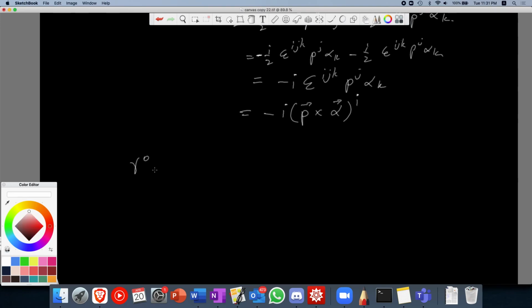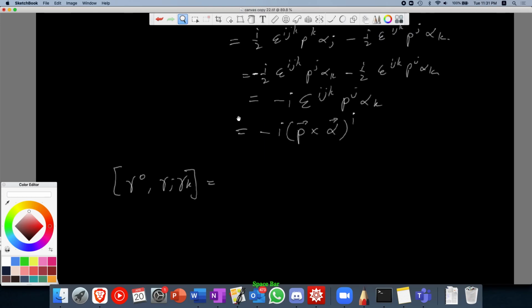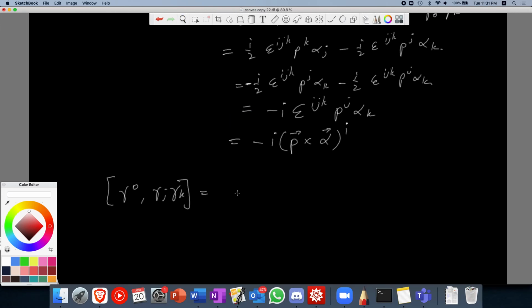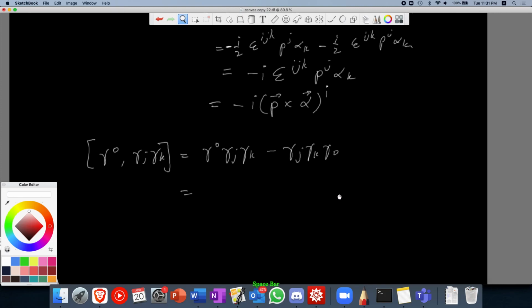Gamma naught, gamma j, gamma k, the commutator of these is equal to gamma naught, gamma j, gamma k minus gamma j, gamma k, gamma naught. Then there's some anti-commuting to do.